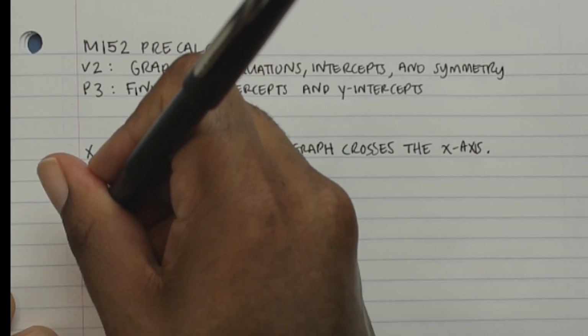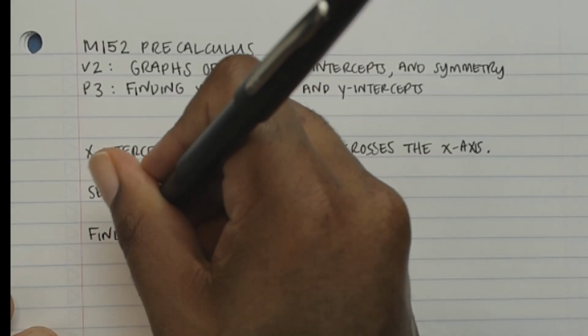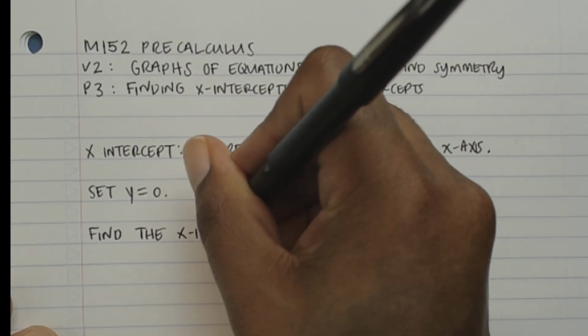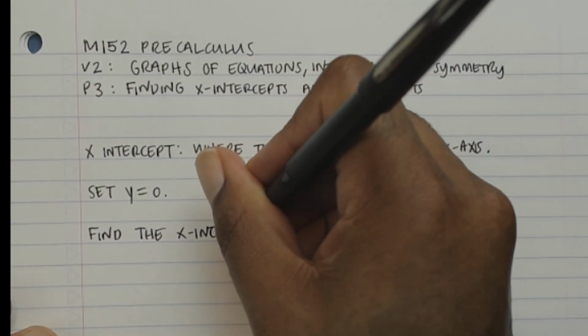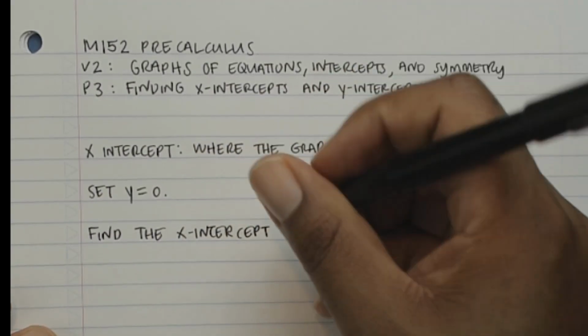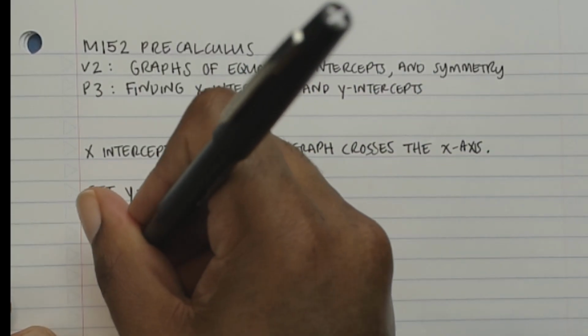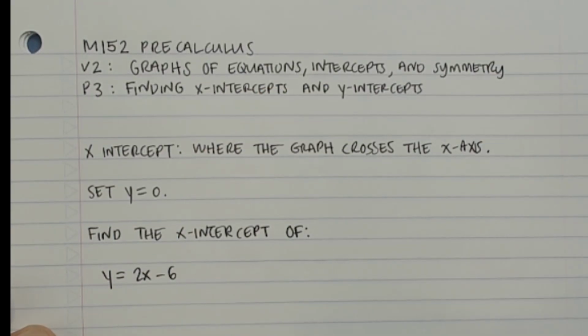Suppose I said, find the x-intercept of y equals 2x minus 6.